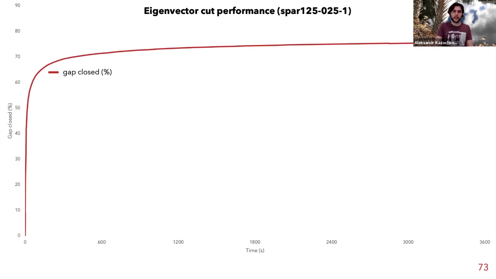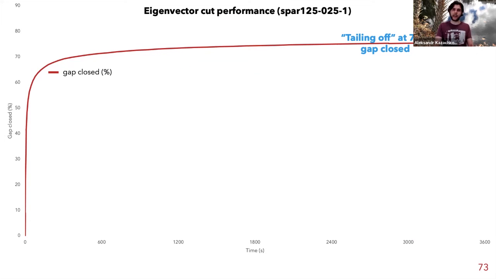On the y-axis is the percent gap closed for this instance, and on the x-axis, the time over the span of an hour. What we notice is that around 75% of the gap is closed after an hour, but there's not much improvement happening at that point either.